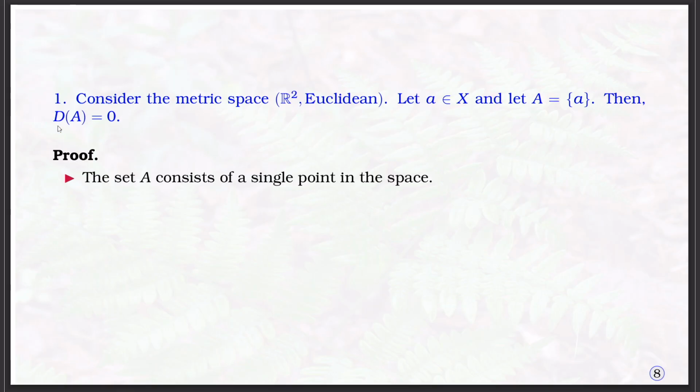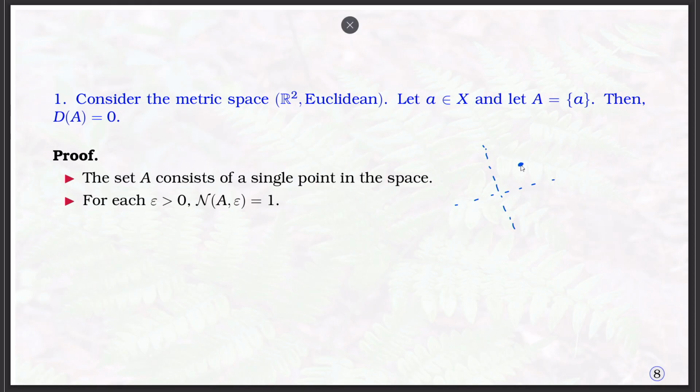For proving this one, you can see the set A consisting of a single point in the space R power 2. We have only the singleton point A here. Now, for each epsilon greater than 0, the number of boxes required to cover A equals 1.